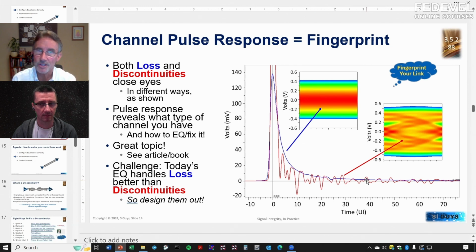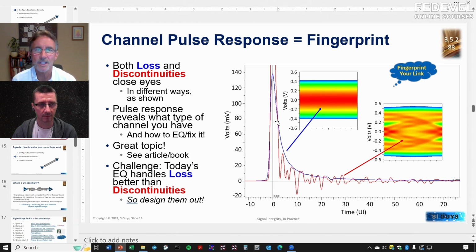Now, loss and discontinuities shrink the eye in different ways, and they cause very different pulse responses, and that's what red and blue are showing you, right? So if I just have a lot of attenuation, I wind up with this very long tail, but it's kind of linear. It's sort of understandable, right?